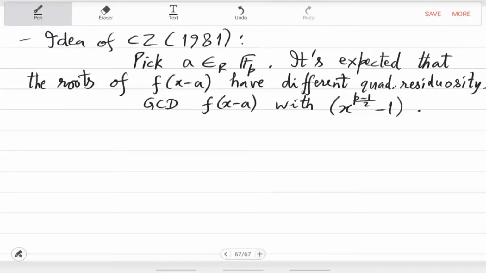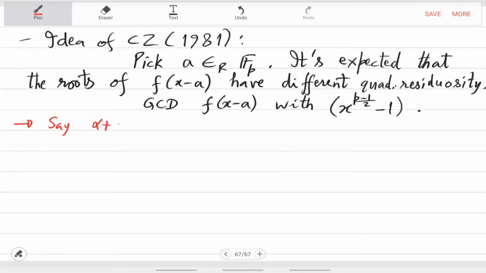Is that clear? Repeating will not help probably then. So let me write alpha 1 plus a, alpha 2 plus a, or you can only look at one root actually, two are not important.